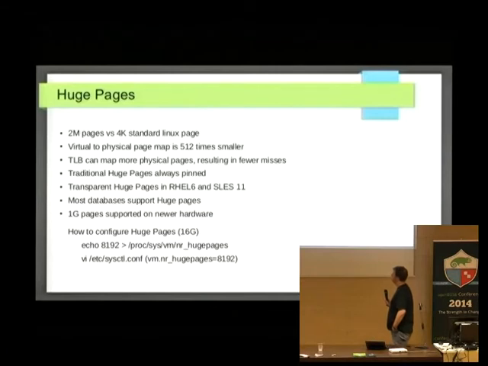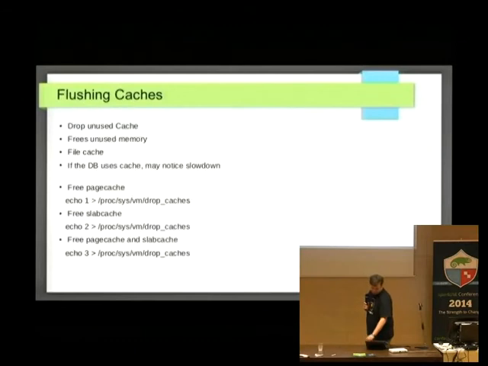How to configure huge pages to 16 or here on to 8 gigs: just echoing to the proc file system, and you will use huge pages, or this command in sysctl. Flushing cache, we can drop unused cache, free unused memory, file cache. If the database uses cache, we may notice a slowdown.